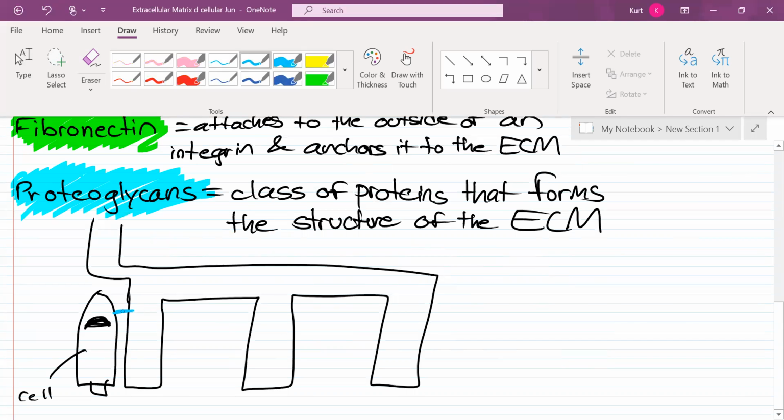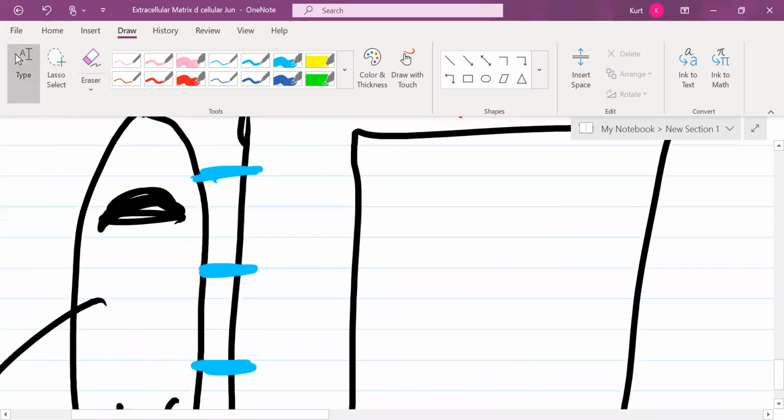The ropes tying the dock to the boat are going to be the fibronectin. The dock is going to be the proteoglycan. The actual parts of the boat, the blue things right here that the fibronectin attaches to, are going to be the integrins.